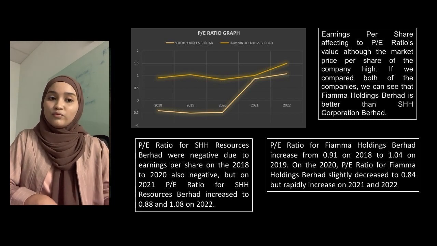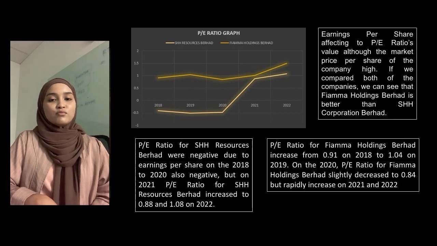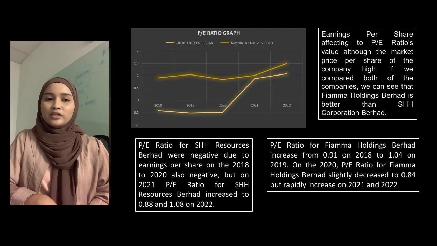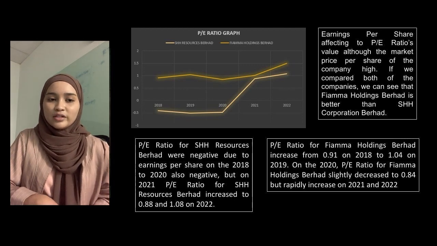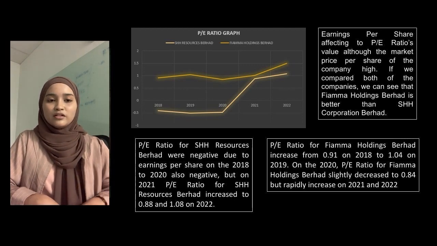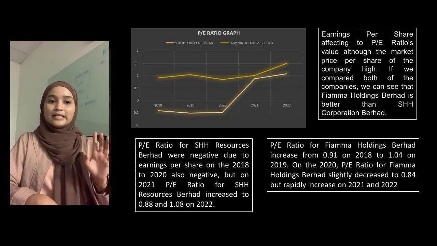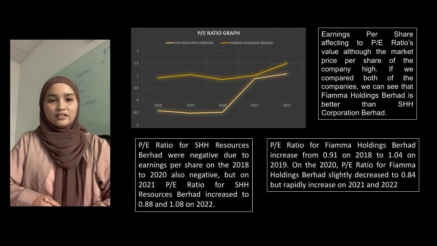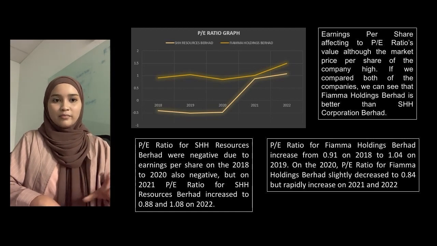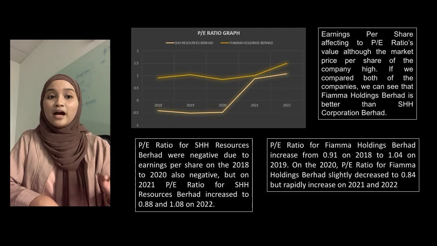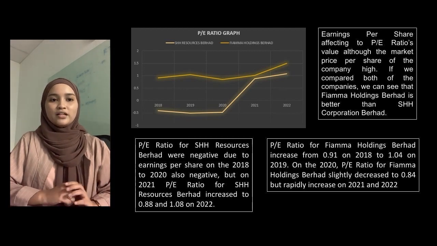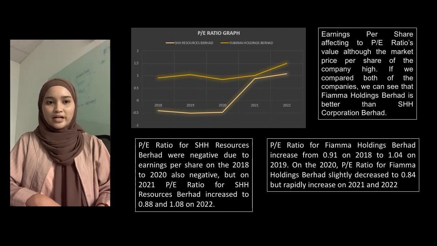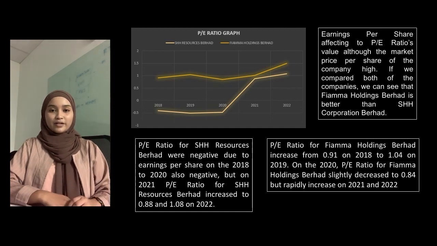Price earnings ratio for Fiamma Holdings Berhad increased from 0.91 in 2018 to 1.04 in 2019. In 2020 it slightly decreased to 0.84 but rapidly increased in 2021 and 2022. Earnings per share affects the price earnings ratio value, as does the market price per share of the company. If we compare both companies, we can see that Fiamma Holdings Berhad is better than SHS Resources Berhad.